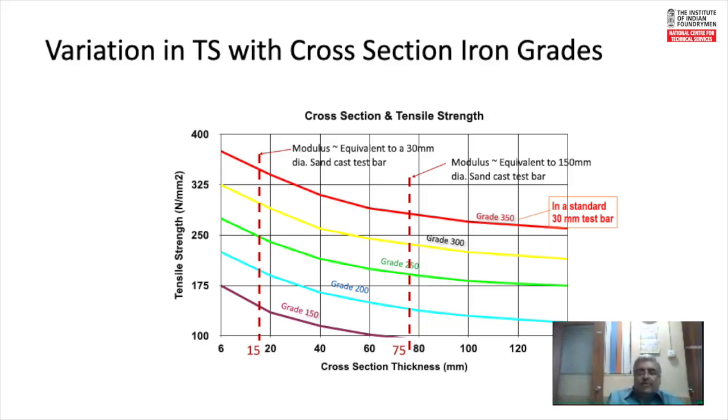So even though, as an example, you are casting a grade 350 iron, because in a higher section thickness, the cooling rates will be slower, the microstructure will tend to be coarser, so the strengths will be lower, as you can see from the graph, as compared to a thinner section.